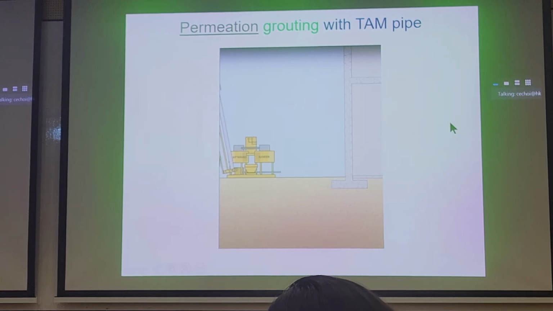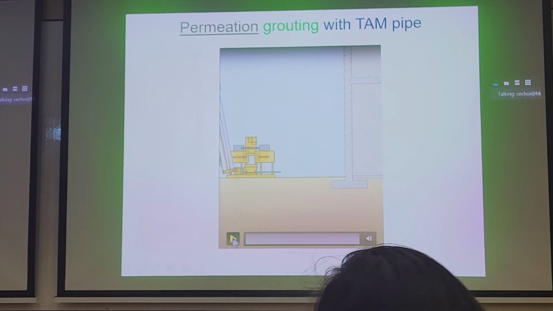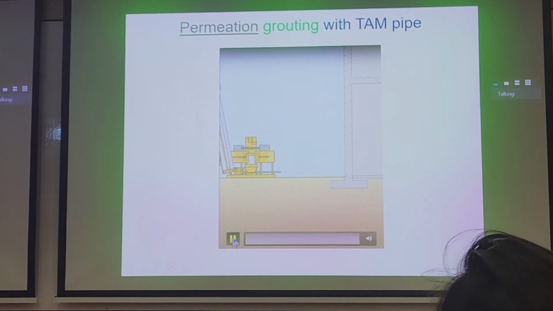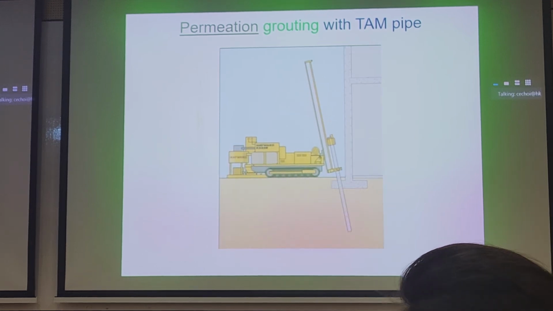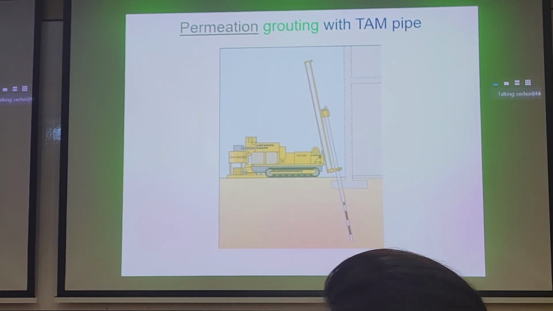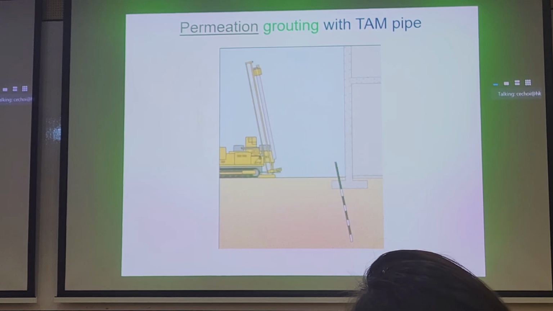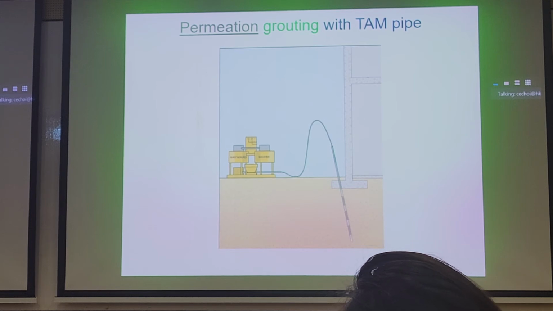So we can also look at the use of permeation grouting using a TAM pipe. Let's take a look at this animation. Again, we have a special drilling device, inclined drilling here. We drill, insert the TAM pipe, and then we use this handy grout machine here on the left of the slide.